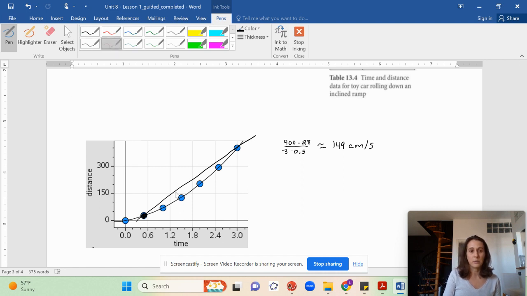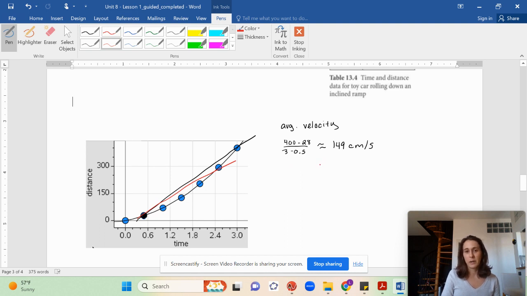So let me now, I'll choose another color, and I could find the average rate of change, maybe from 0.5 to 2.5 seconds. So that's 0.5 to 2.5. So these are all my average rate of change, average velocity. And this is not super neat, but I hope you can follow along. And I could use that same formula from 0.5 to 2.5 seconds.